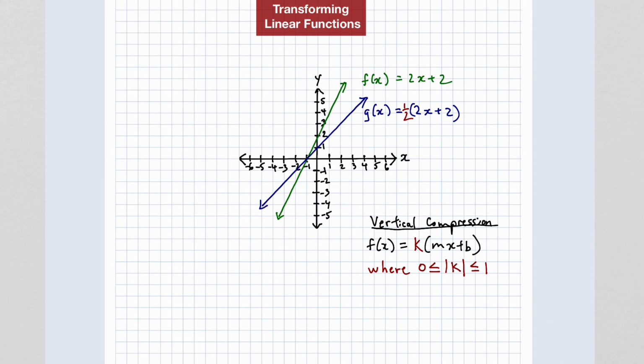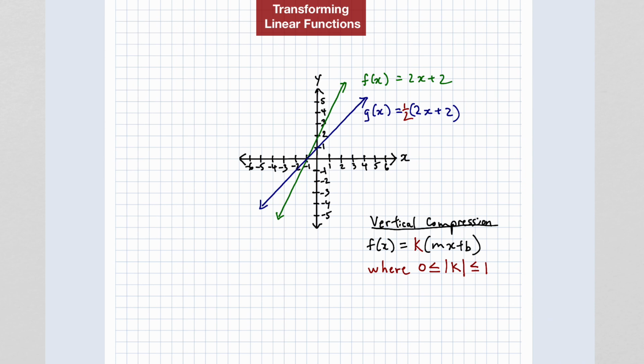So what this means is if k is greater than 0 and less than or equal to 1, so let's say 0.2 or 0.4 or 1/2 or 3/4, then we would have a vertical compression. Likewise, if k were negative 0.2 or negative 0.4 or negative 1/2 or negative 3/4 as an example, then we would also have a vertical compression.